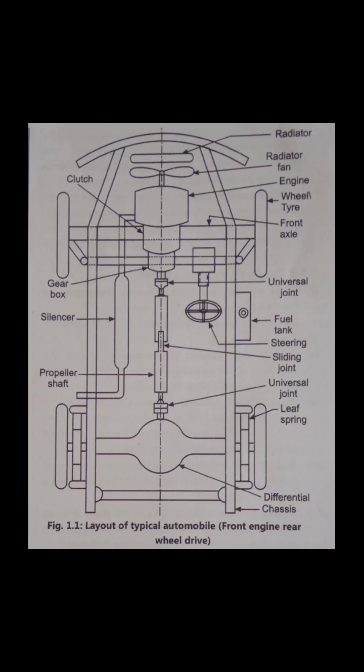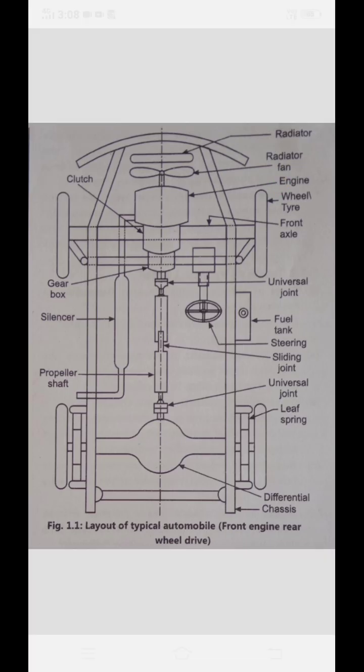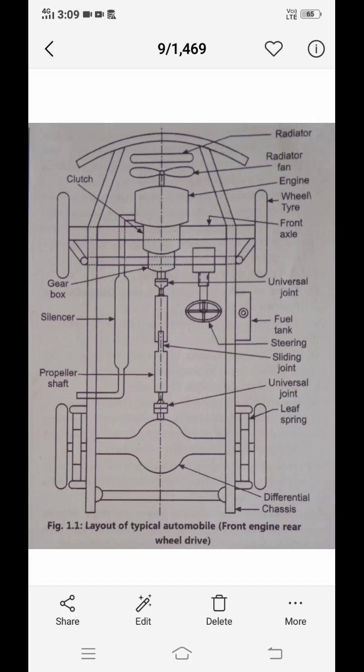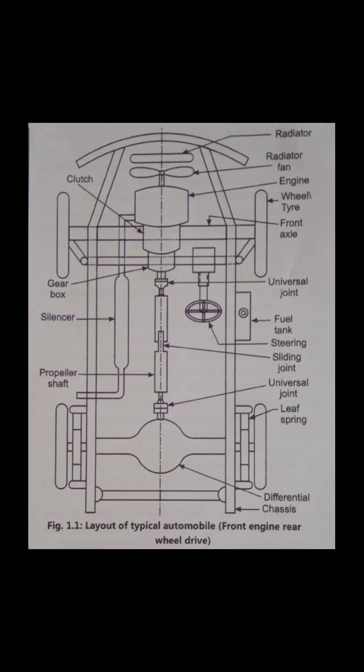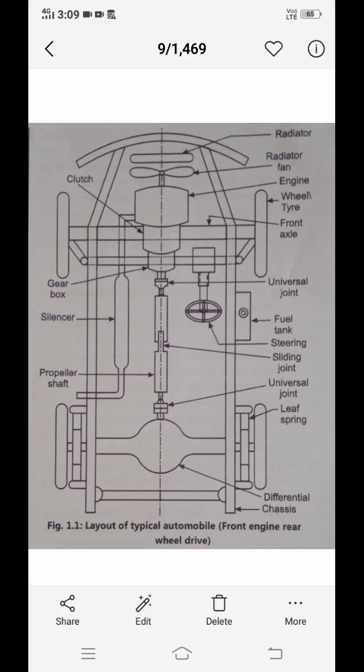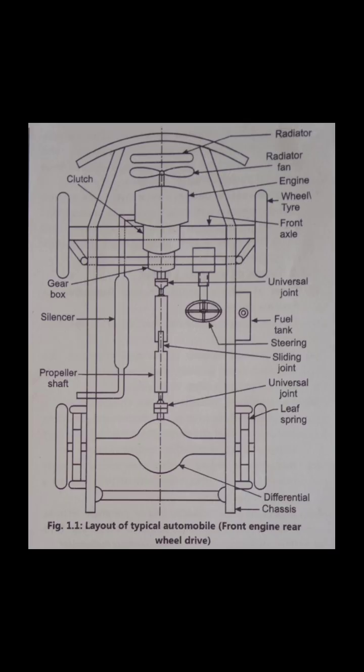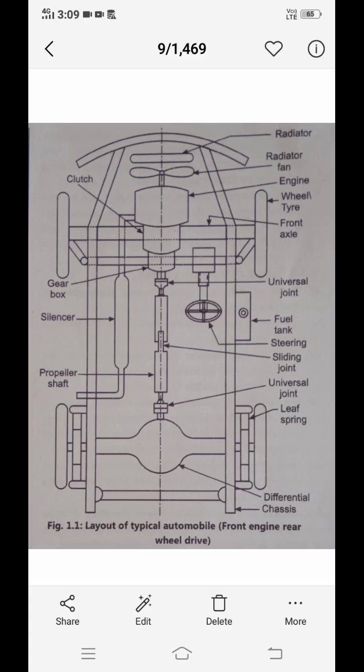The arrangement of components such as the engine, transmission system and passenger seating significantly affects the vehicle's balance and handling characteristics. For example, a front engine configuration enhances traction in front wheel drive vehicles, whereas a mid-engine layout offers superior balance, particularly suited for high performance sports cars. That means weight distribution is a very important factor in the vehicle layout.